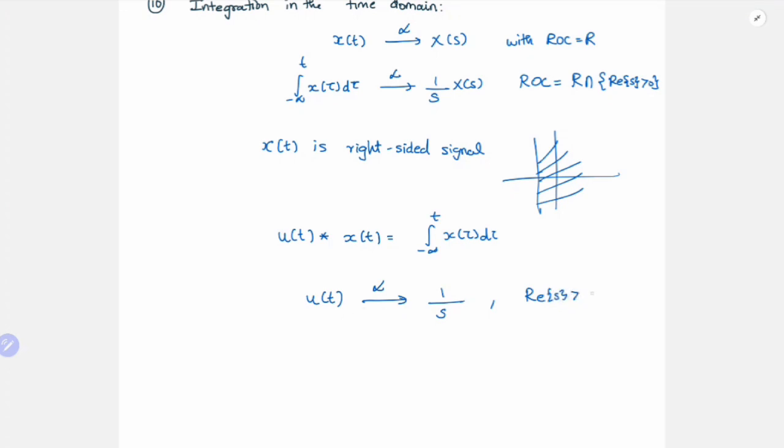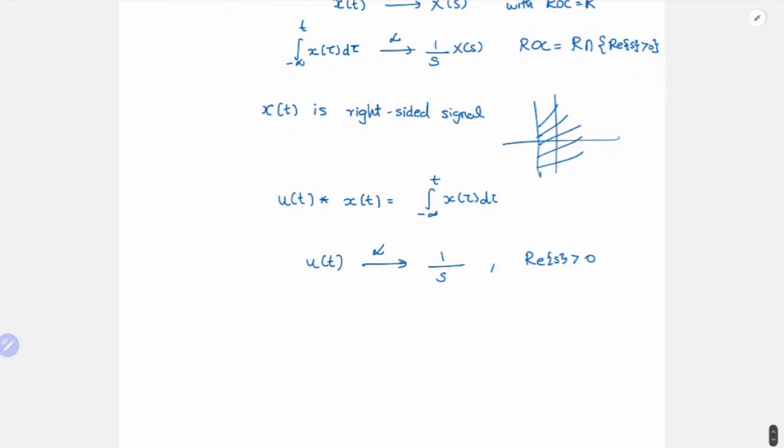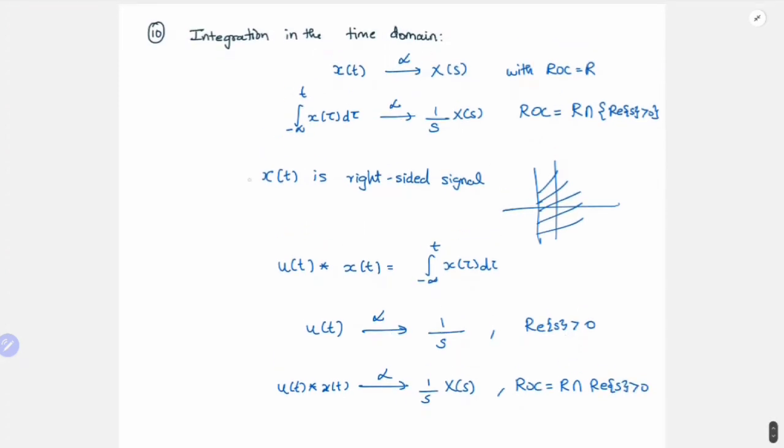Your a is 0, so it is greater than 0. So u of t convolved with x of t will give you 1 by s x of s, and your ROC is R intersection real of s greater than 0. So x of t being a right-sided signal is not a very strict constraint. Even without this constraint, your ROC will still end up being this one.